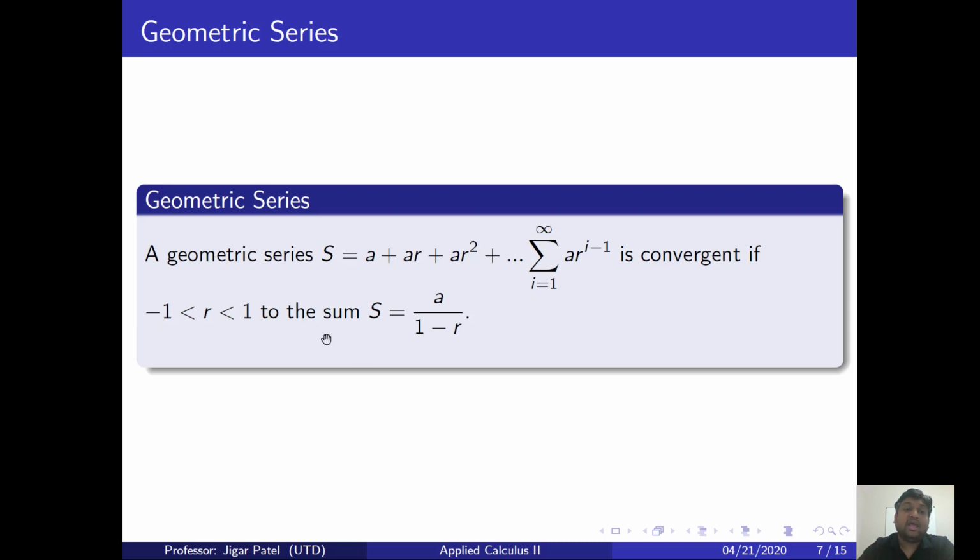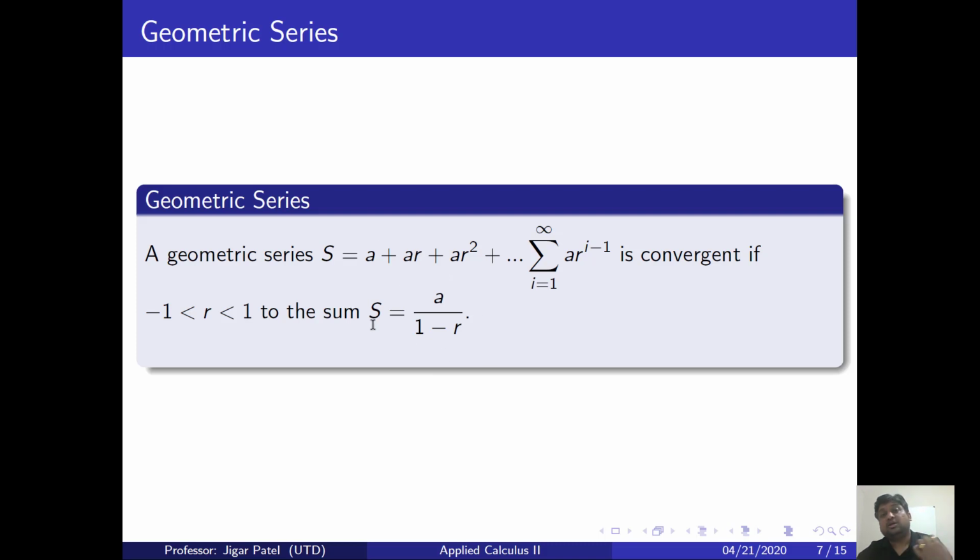Alright, and in such case, the infinite sum of your series is going to be a divided by 1 minus r. Okay, again, very simple result. If your series is convergent, you would like to know what you are going to get if you are adding infinitely many terms, right?